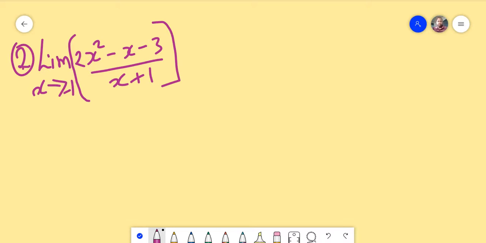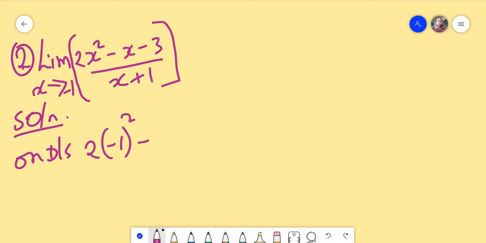The first thing you're supposed to do is direct substitution. So, solution: on direct substitution, we realize that this will be 2 times minus 1 squared minus 1, isn't it? Minus 3 over minus 1 plus 1.